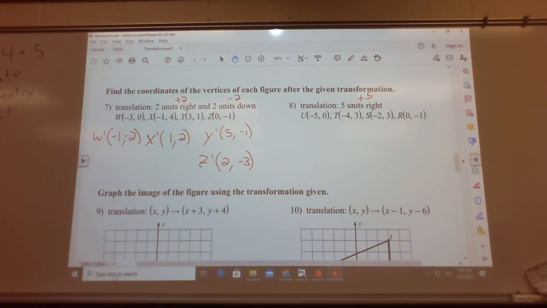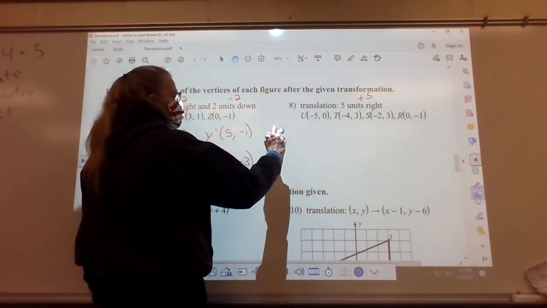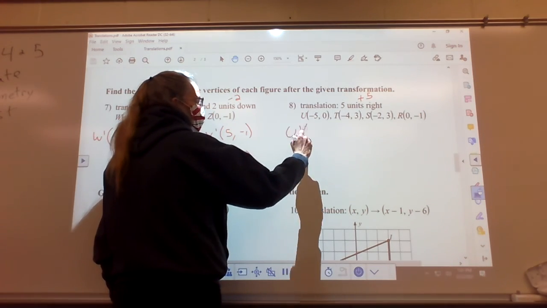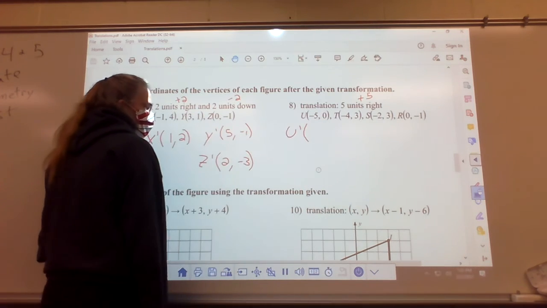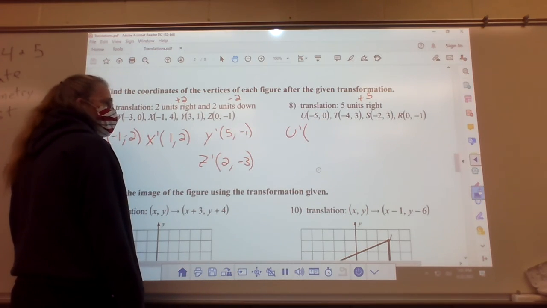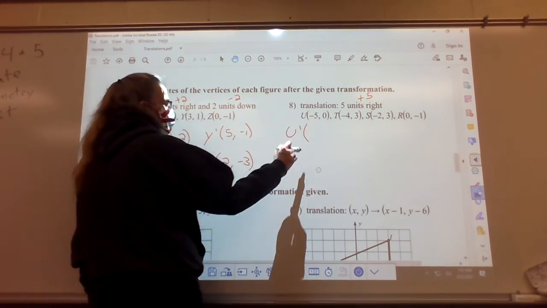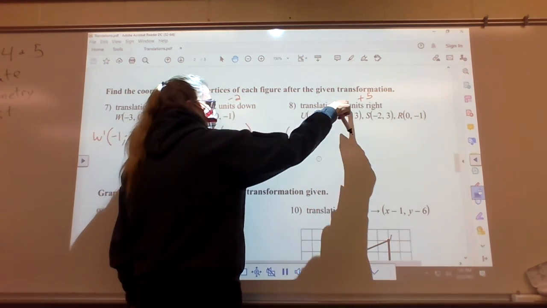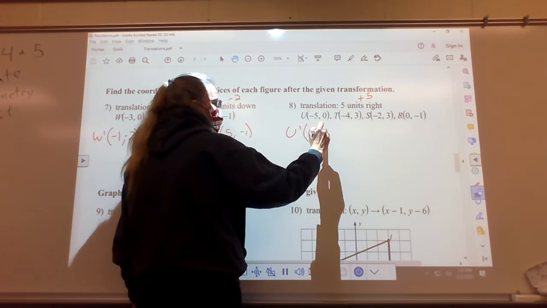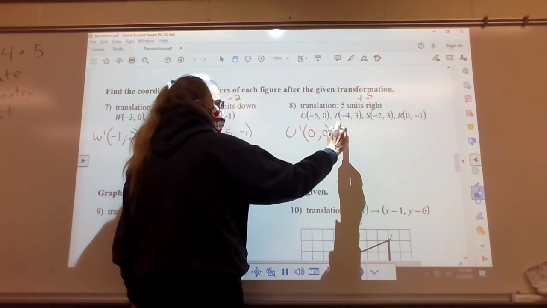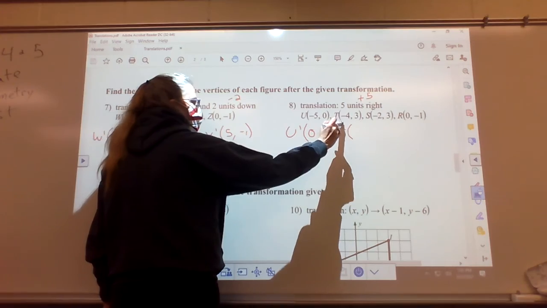So 8. My new U, I started at negative 5, 0. I'm adding 5 to the x. Where did I end up? 0, 0. So negative 5 plus 5 is 0. Don't change the y. My new T, where did it end up?